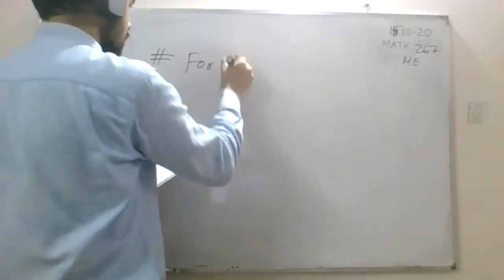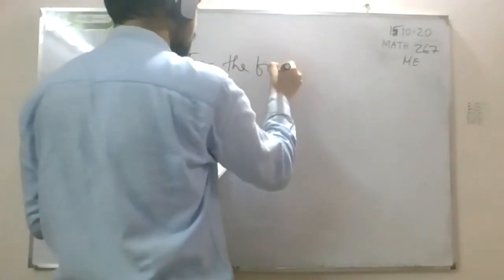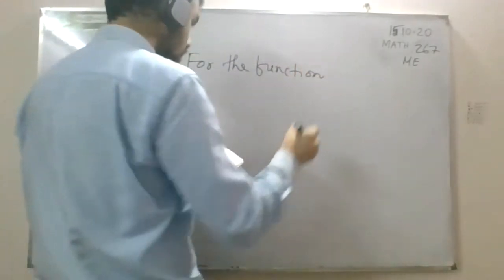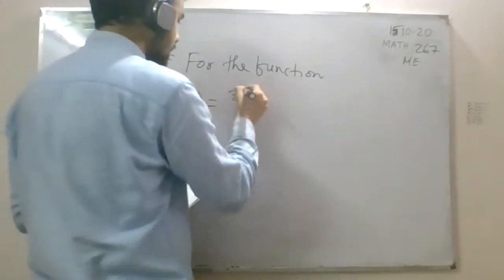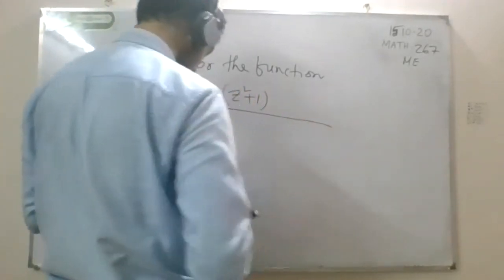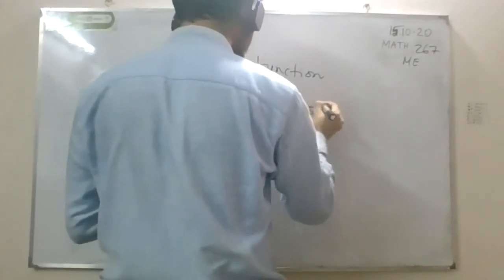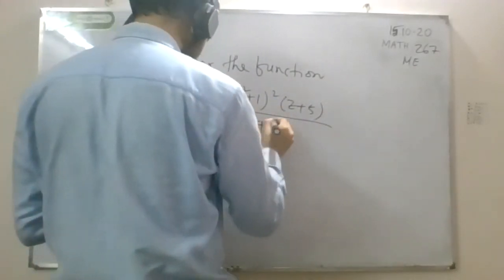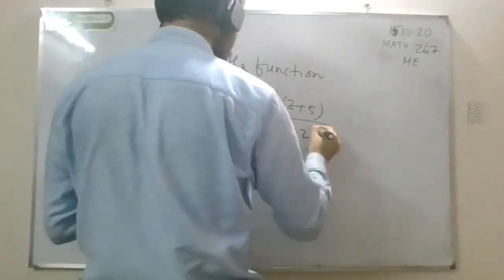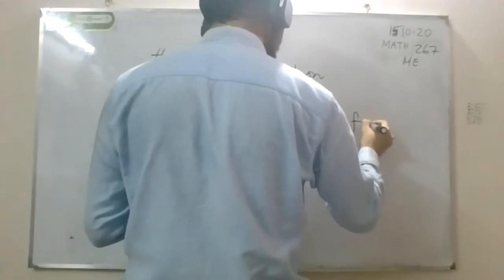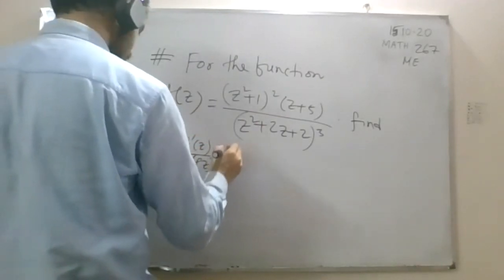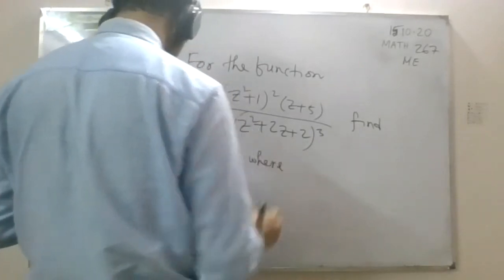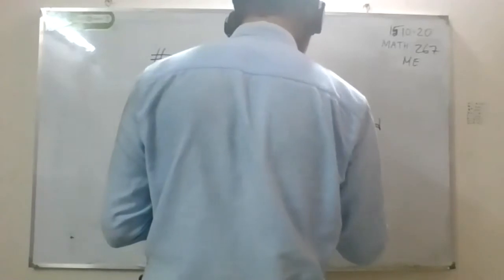For the function f(z) equals (z square plus 1) whole square times (z plus 5) divided by (z square plus 2z plus 2) whole cube, find the integral over C, where C is the circle.